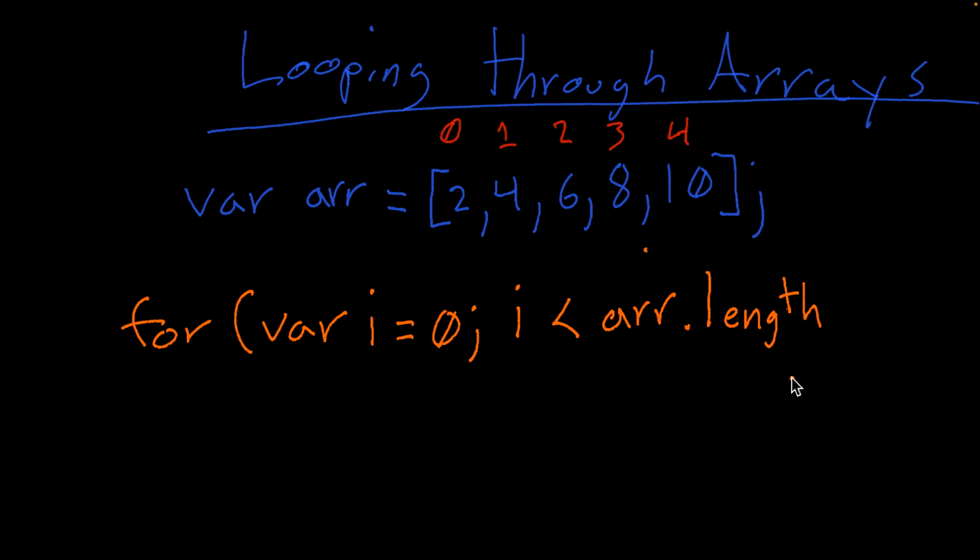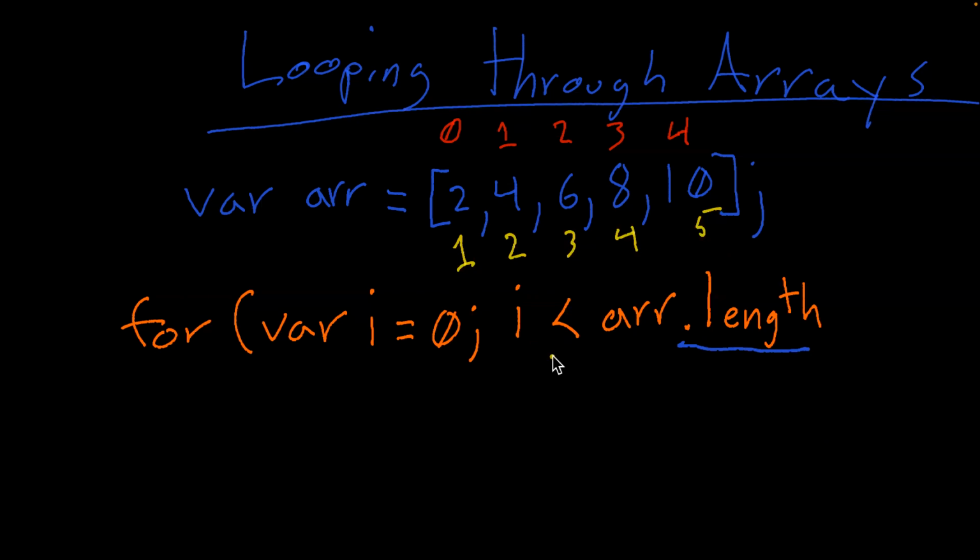All right. So this one here, r dot length is 5, right? When we count the length of an array, we count from 1. 1, 2, 3, 4, 5.